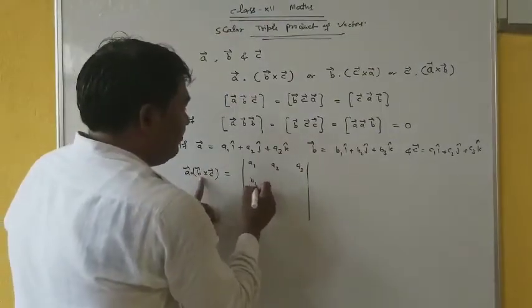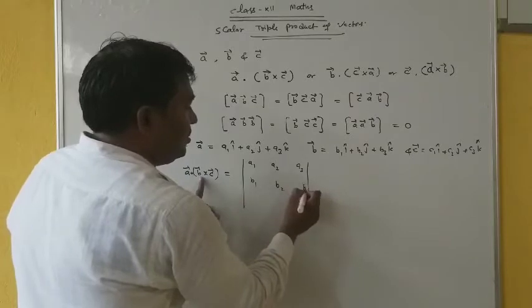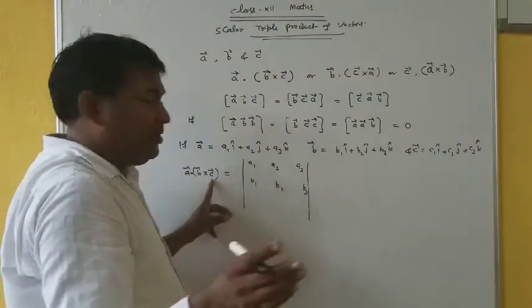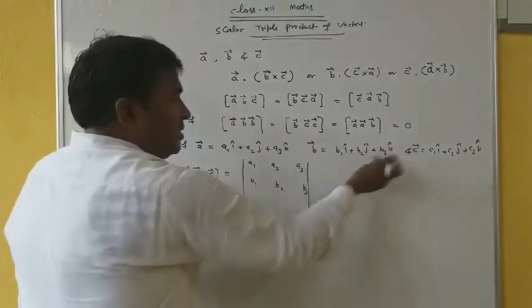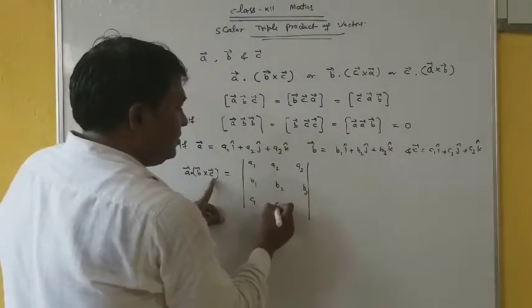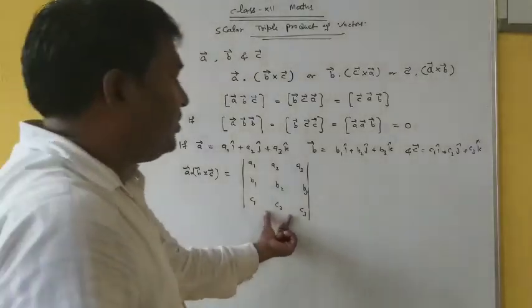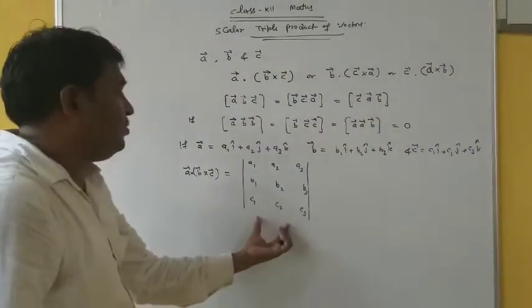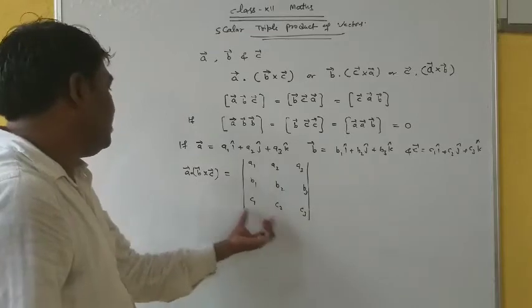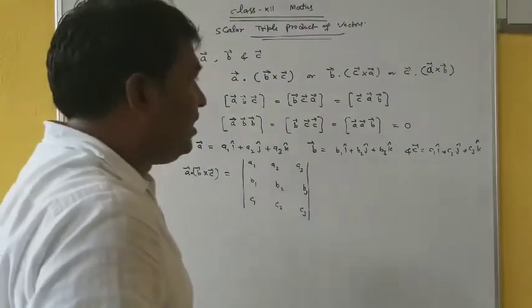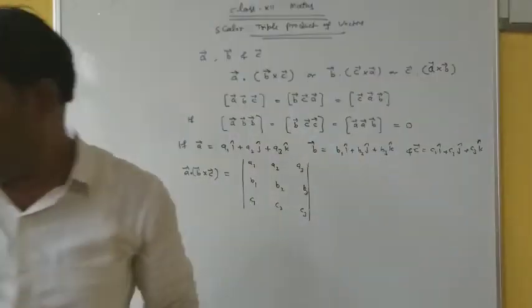So it's B1, B2, B3. The coefficients of i cap, j cap, k cap of the third vector, that is C, so here C1, C2, C3. Solving this determinant, whatever value you get will be your answer for A dot B cross C. By taking some examples, I am solving.